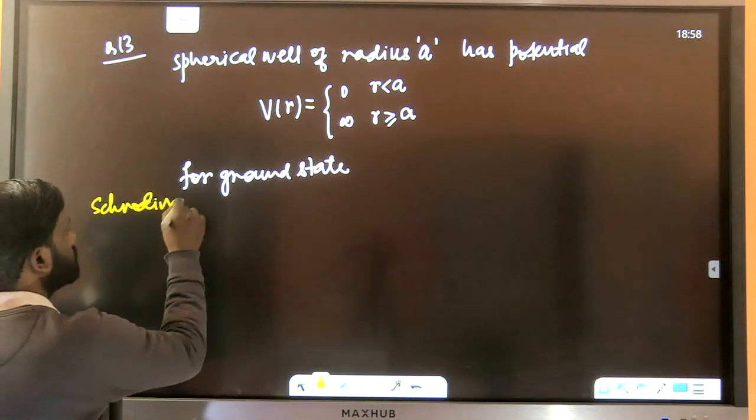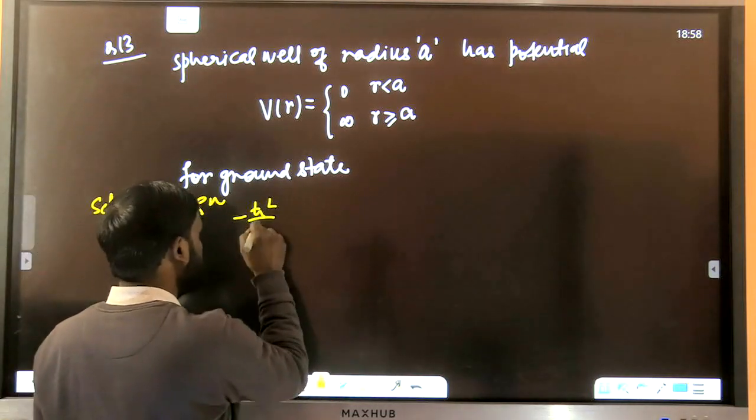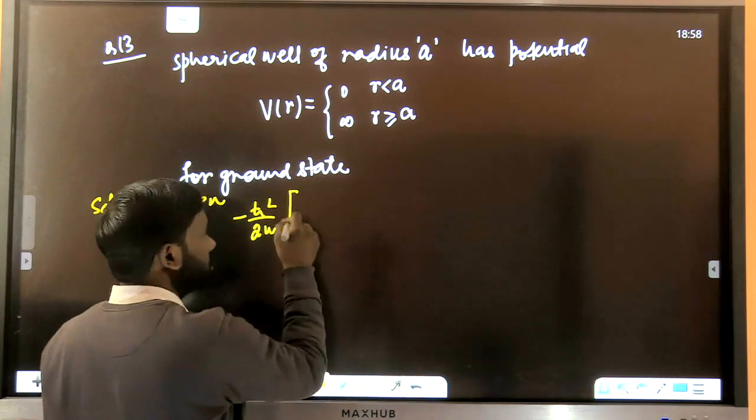If you write the Schrodinger equation here, you get something like this: minus h bar square upon 2m, and here the del square operator.